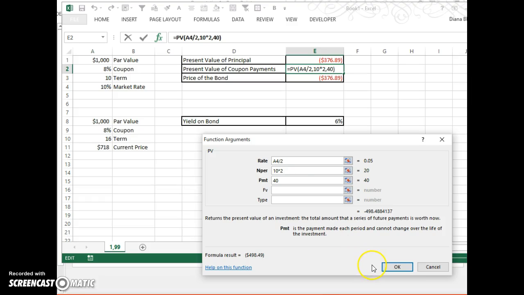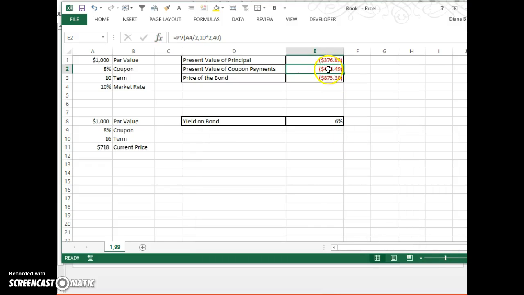So we enter that information, and we find out that the present value of the coupon payments is $498. So if we add those two together, the present value of the principal and the present value of the coupon, we find that the present value of the bond is $875.38. That is the price of the bond based on this information.